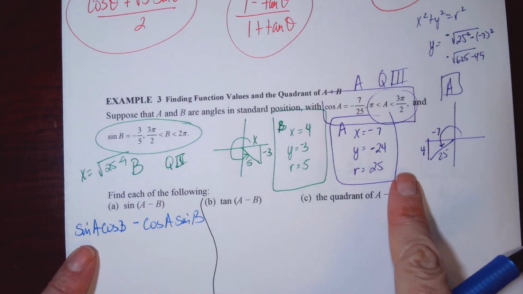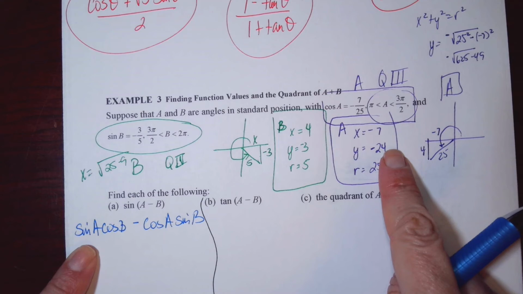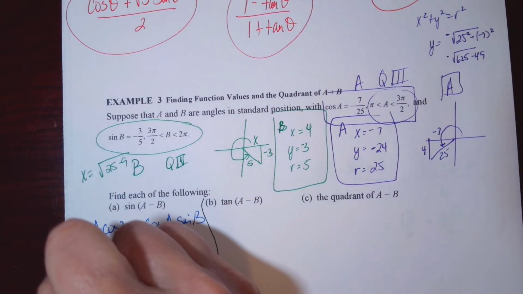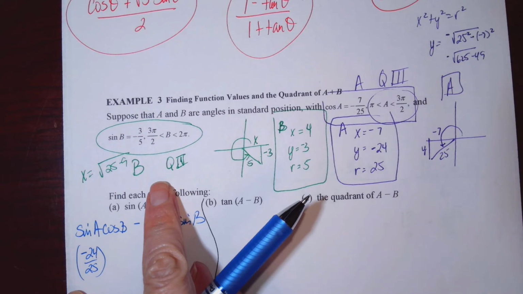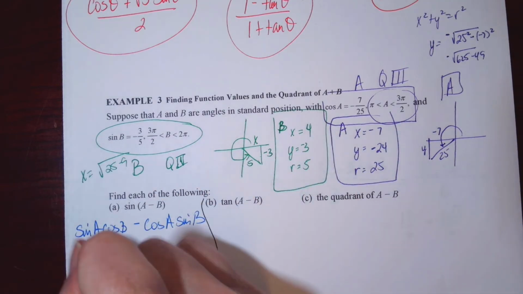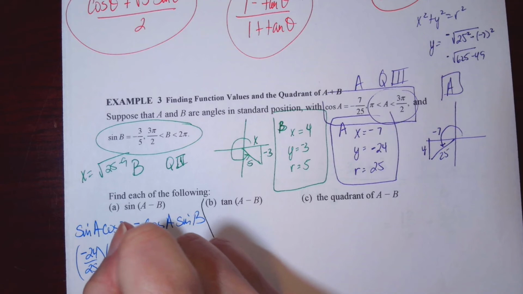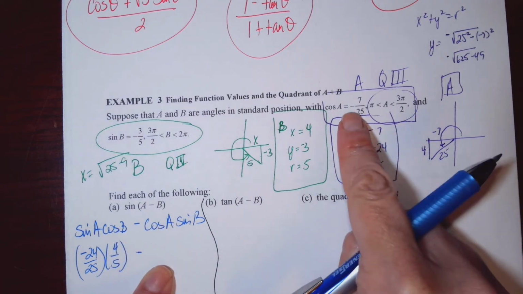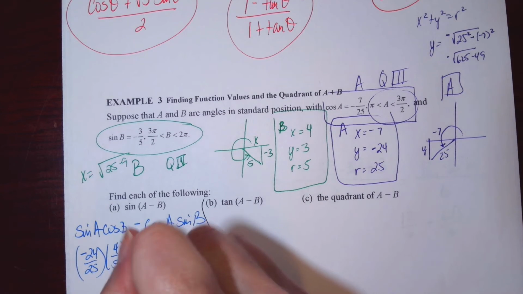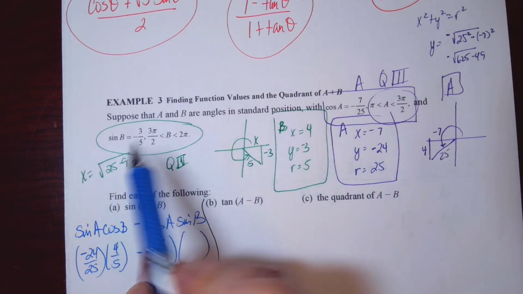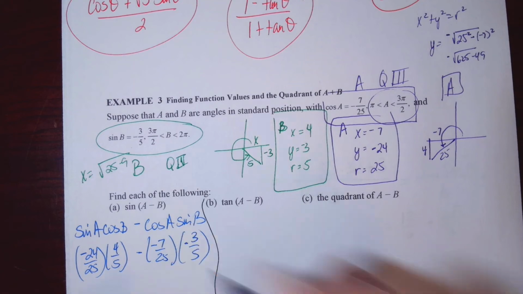Well, sine of A is over here. Sine of A is negative 24 over 25. Cosine B, cosine is 4 over 5, minus cosine A, that was given to us, negative 7/25. Sine B was given to us as negative 3/5.